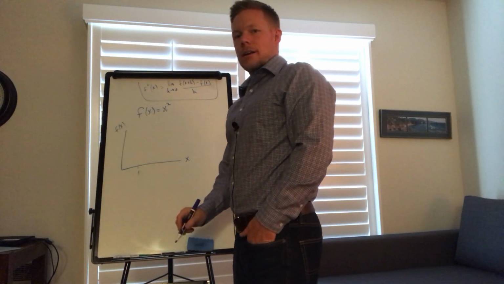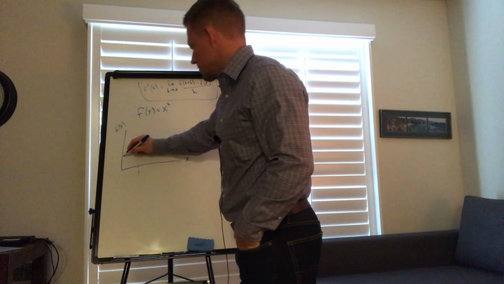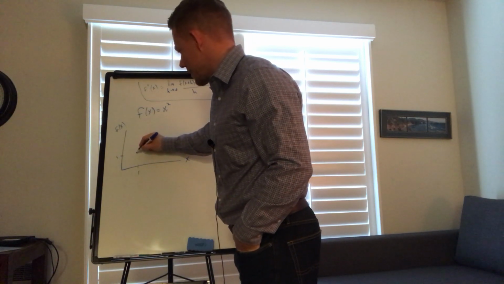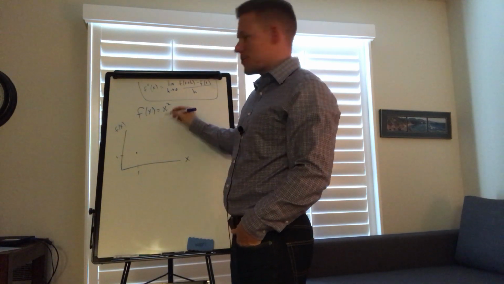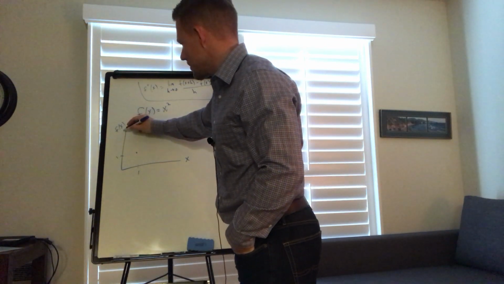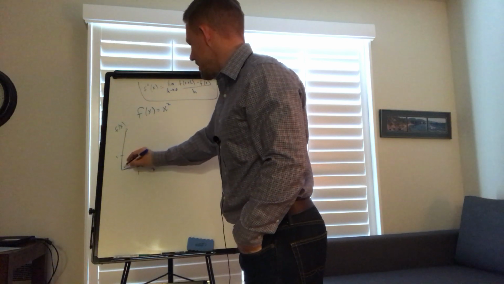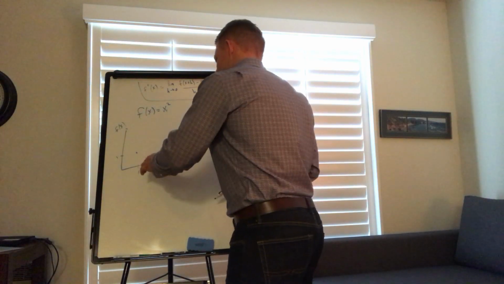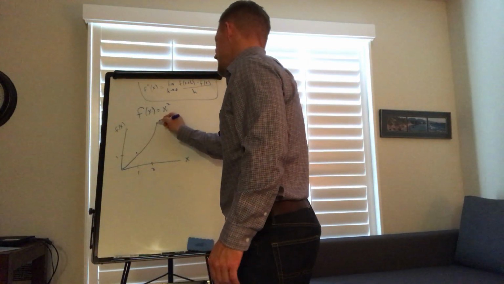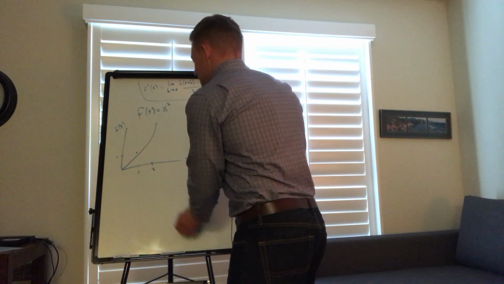So if x is 1, then in that case, 1 squared is 1. So we got a point there. If x is 2, 2 squared is 4. That's going to be a point up there somewhere. So we're going to say 2, 4. It'll look something like, I drew that really bad.